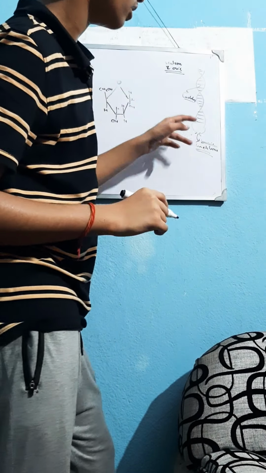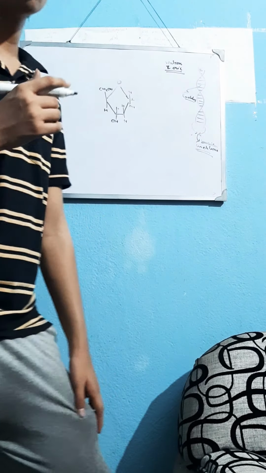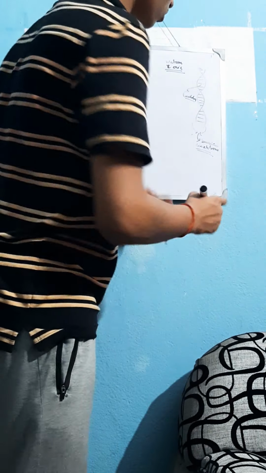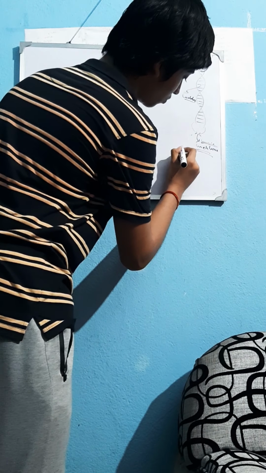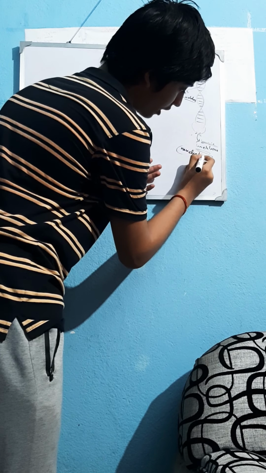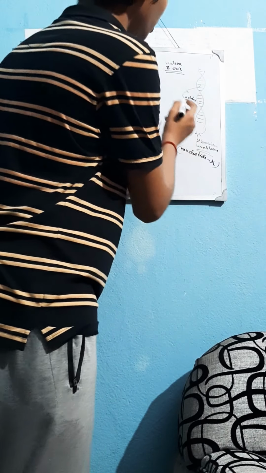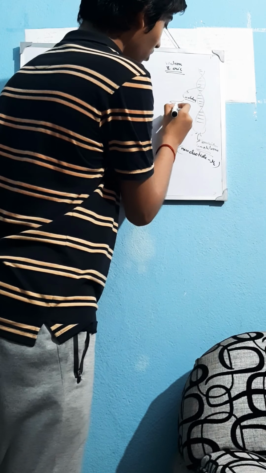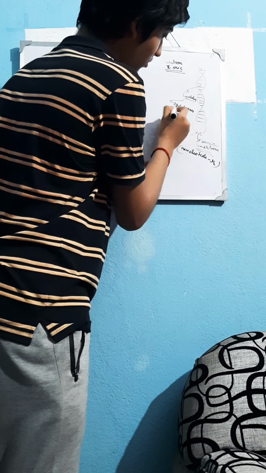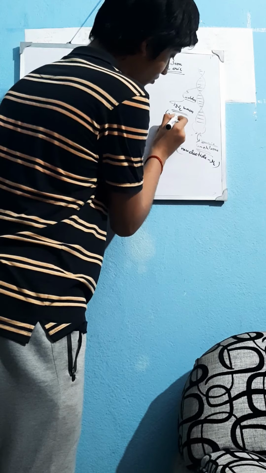So what is the ladder and what is the backbone? Backbone is just the nucleotide except the nitrogen base. This is where nucleotide minus nitrogen base is found, and this is the nitrogen base, and particularly this is formed in pairs.